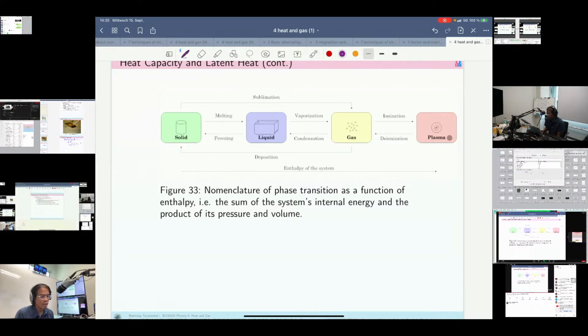And if you want to change gas state to solid, it's called deposition. Okay.